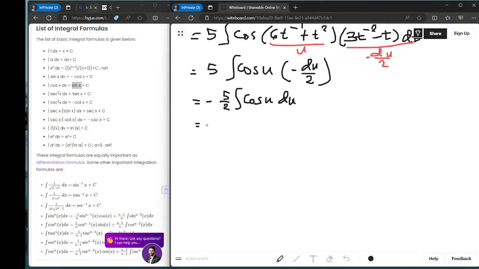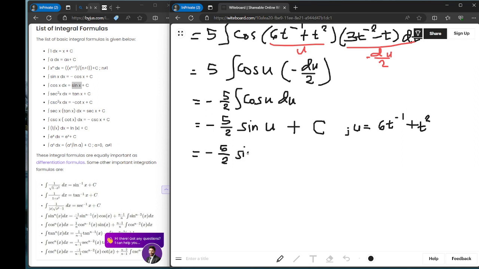So this is equal to negative 5 over 2 times sine of u plus c, where u is equal to 6t to the negative 1 plus t squared. Then that is negative 5 over 2 sine of the quantity 6t to the negative 1 plus t squared, plus c.